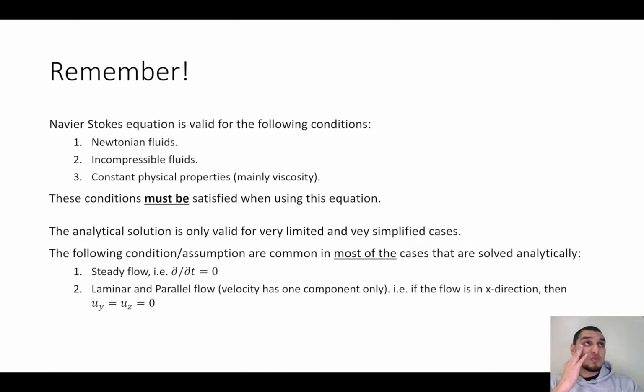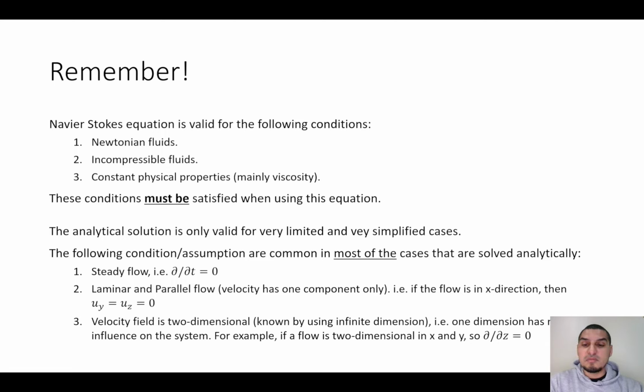The last thing has to do with two-dimensional flow. In almost all the cases that we deal with, it is only two-dimensional flow. You can know this by seeing this term. We are told in many problems that you have a plate that is infinitely long in, let's say, the z dimension.